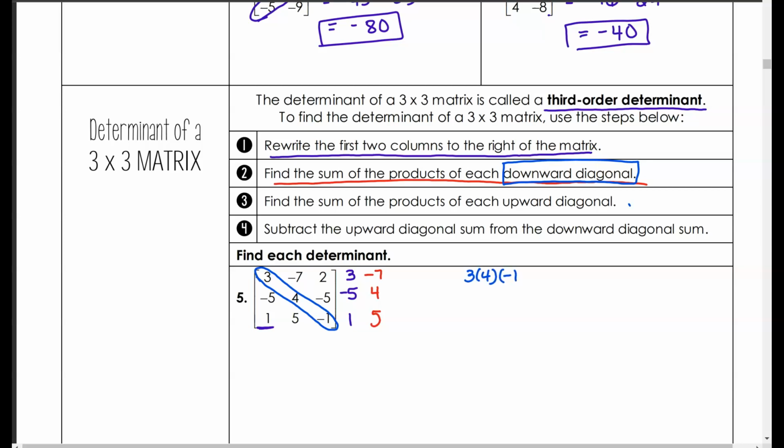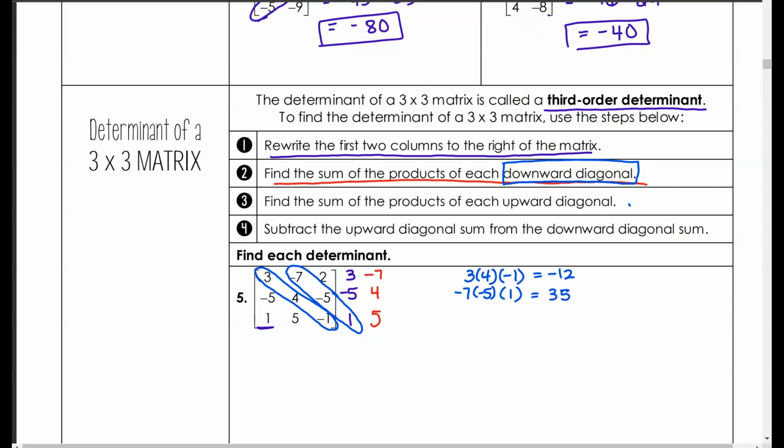This is going to give me a -12. Then my next diagonal is this one right here. So now I'm going to have -7, -5, 1, and that's going to give me a +35.